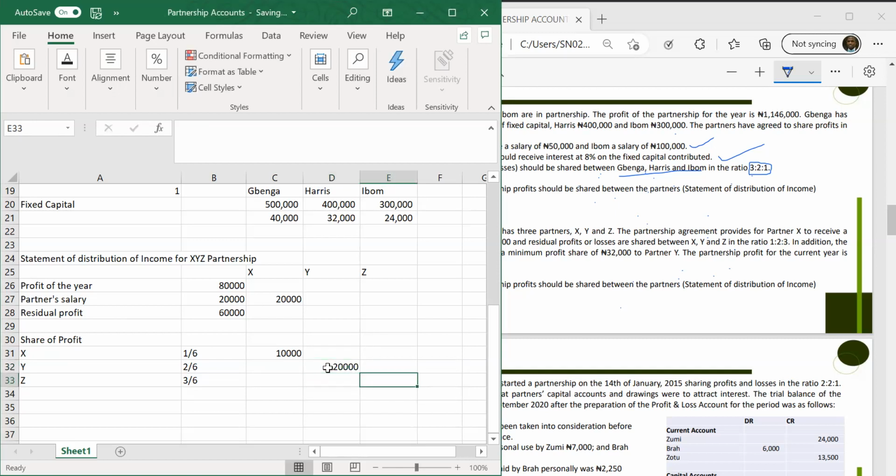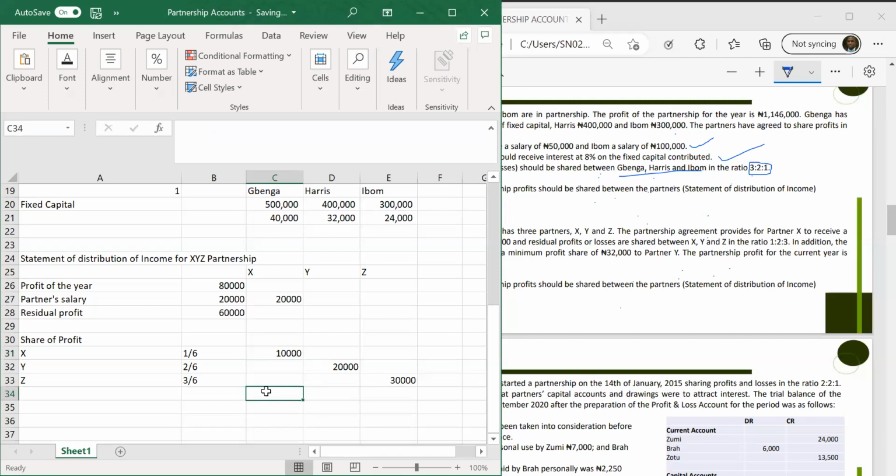And Z will be how much? 30,000. So by the time you add all these three together, you see that it gives you 60,000. 30 plus 20 plus 10, right?